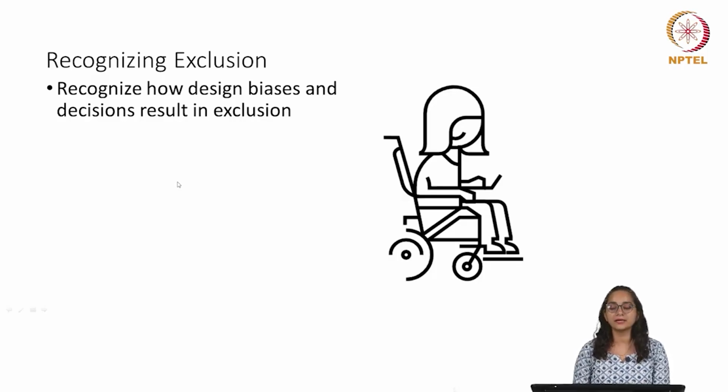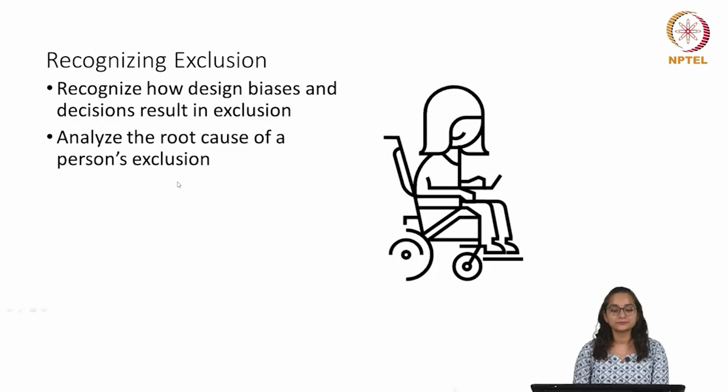It may be the commonly perceived rule of the average, it may be ability biases, it may be assumption-based designs, it may be a non-empathetic start of a design process.